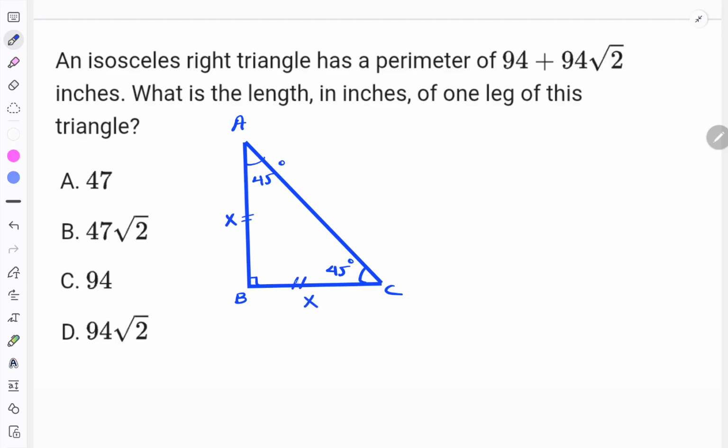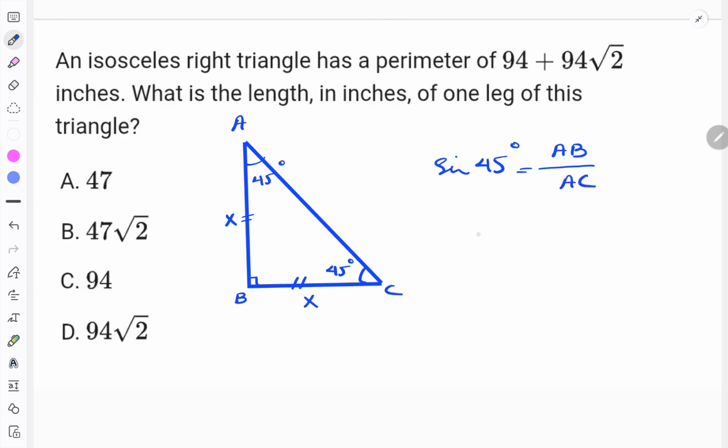These two legs are equal in length, and using trig ratios to find the length of the hypotenuse in terms of x. Okay, we know that sine of 45 degrees equals the opposite leg, which is AB, over the hypotenuse, which is AC.